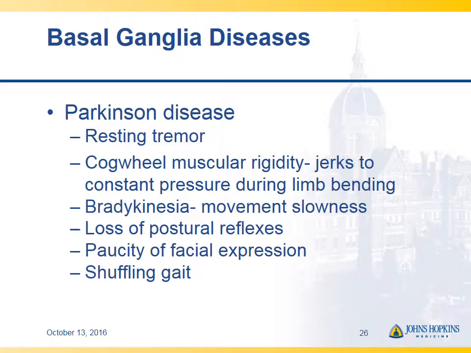So as a patient's arm is brought into extension by a healthcare provider, there's not a smooth extension of the arm, but rather sort of a jerky or a ratcheting kind of movement as the arm is extended. In addition, there may be bradykinesia or slowness of movement, a loss of postural reflexes, a paucity of facial expression, and shuffling gait.